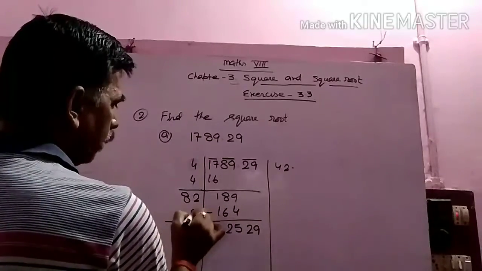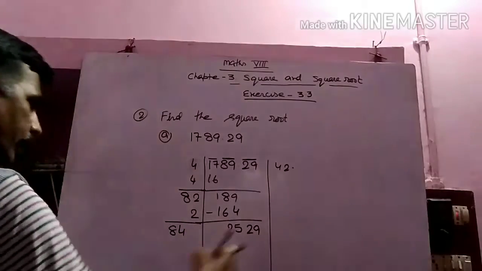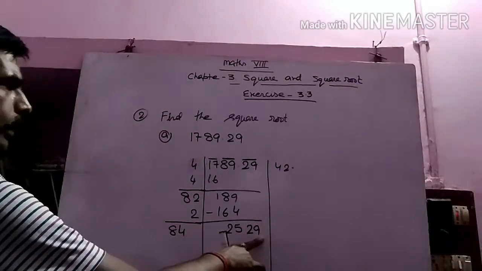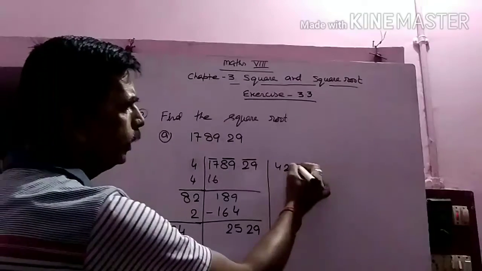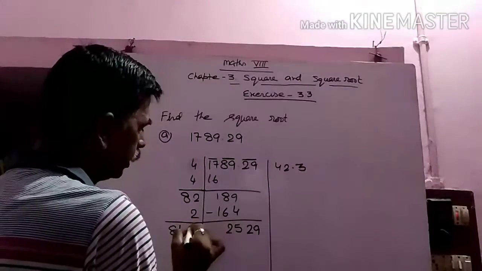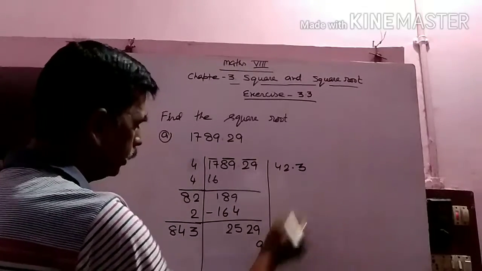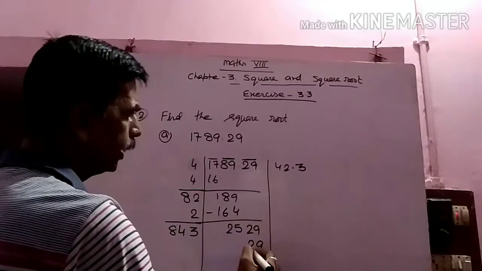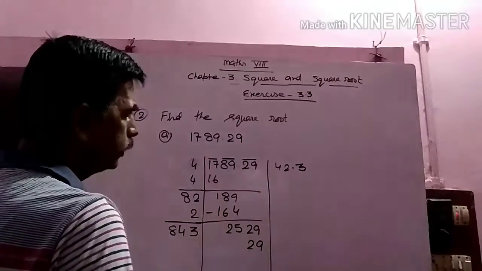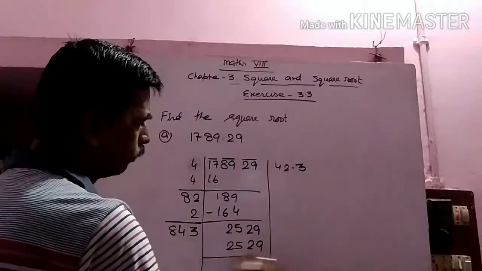So after adding 2, it becomes 84, and the unit digit is 9, so it should be a multiple of 3. Try to check it by multiplying the whole number by 3. 3 3s are 9, 3 4s are 12, carry 1, 3 8s are 24 and the carried 1 becomes 25.